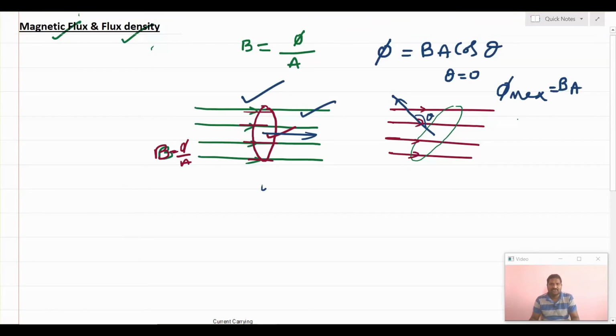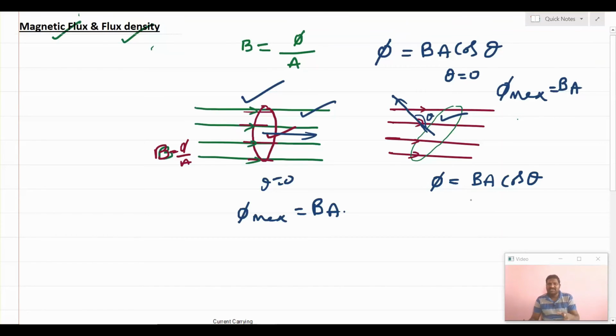In this case, theta is equal to 0, so magnetic flux is maximum, equal to flux density into area. But in this case, making theta degrees with the magnetic lines, the magnetic flux phi is equal to BA cos theta.